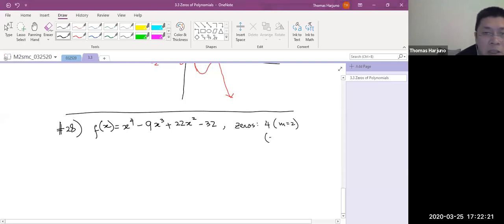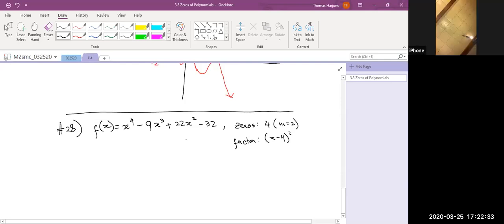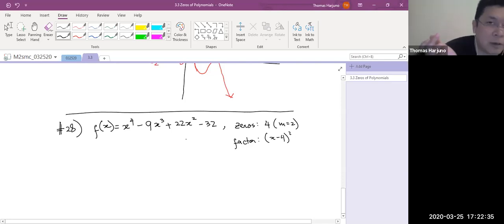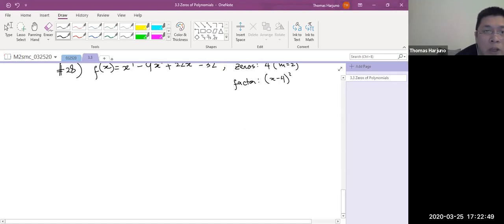It means (x minus 4) squared is a factor. Everybody okay with this? Yes. Okay, now, but knowing the factor doesn't help us right now. What we need is we will use the zeros to reduce the polynomial. Now, I showed you this last time, but I'm not sure if you really see the relation, so let me make it more explicit.